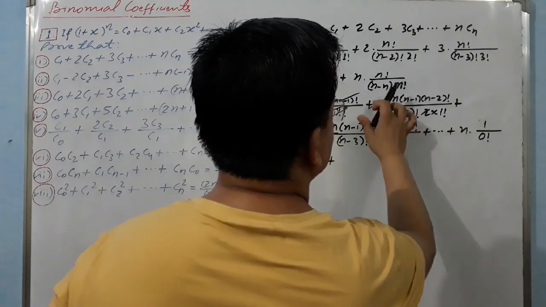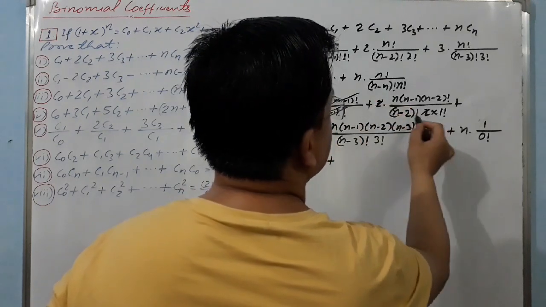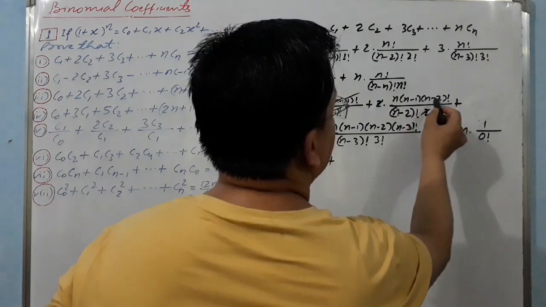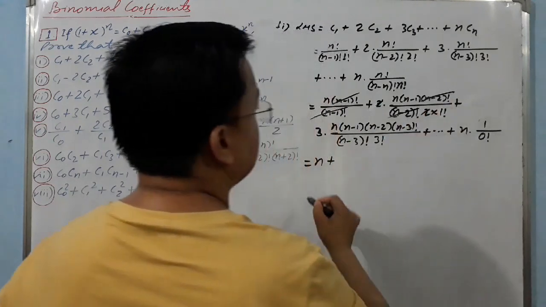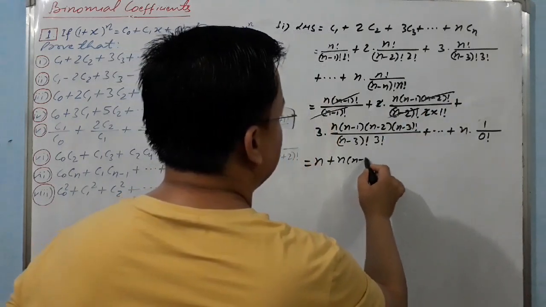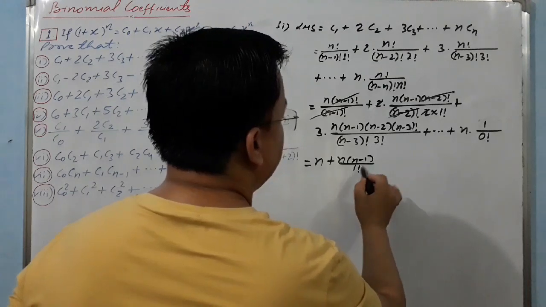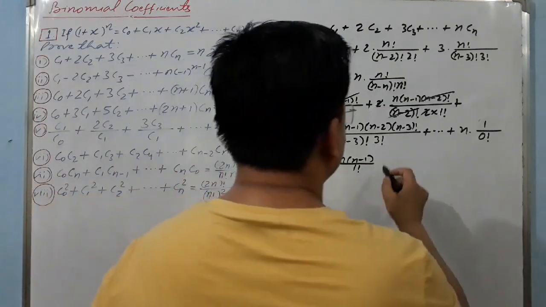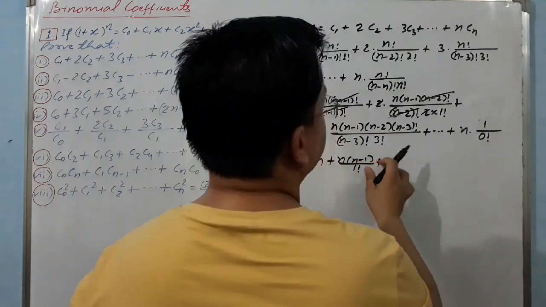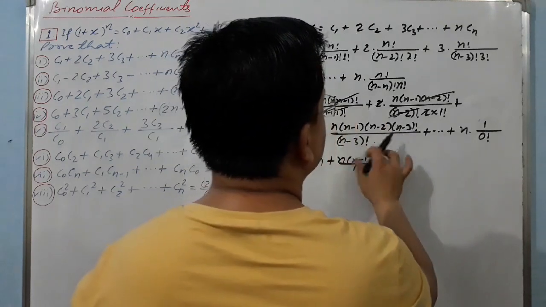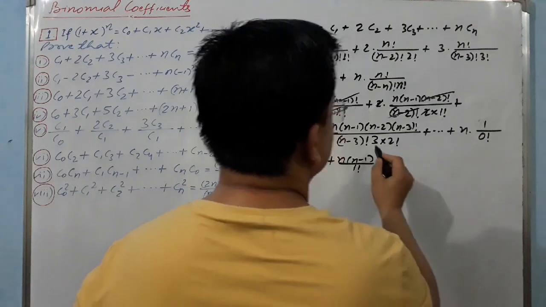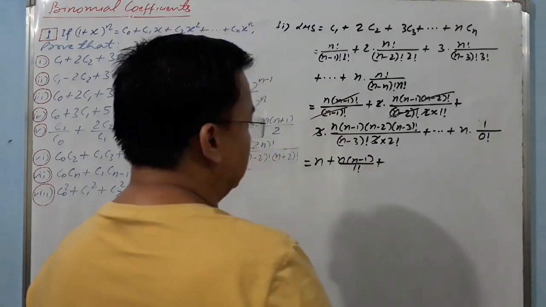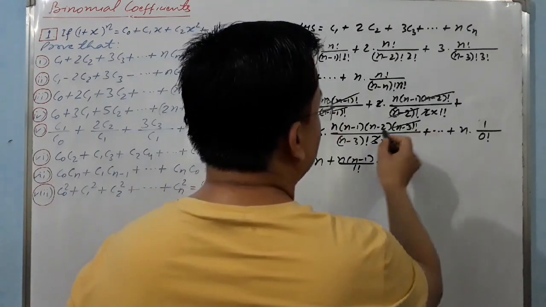Here these terms cancel, and this also can be cancelled. You will have n times n minus 1 over 1 factorial, or simply n minus 1. Plus, here 3 factorial we can write as 3 times 2 factorial, and the 3 cancels.